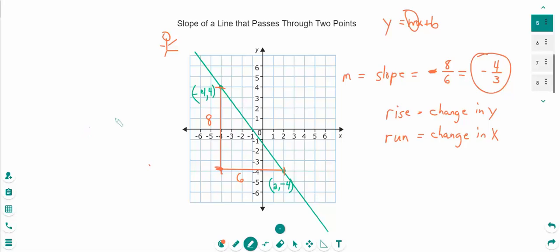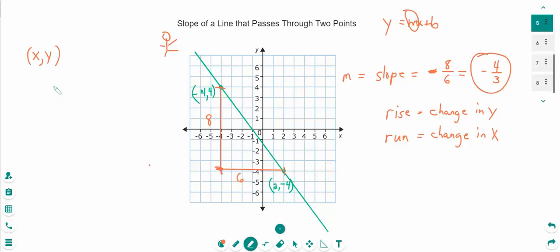Now, if we think about it, when we are given 2 points, the coordinates of these points represent changes in y and x. They're a location of an x and a y coordinate. So when we're given a set of points, the thing to remember is the first number is the x, the second number is the y, and I know you know this.